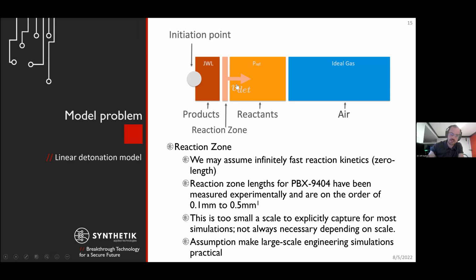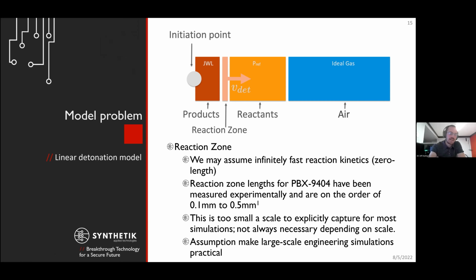So this reaction zone, that wave that travels through, if you're really solving this problem, you do all the chemical kinetics, you'd solve all of those reactions. However, they're very fast, and that reaction zone is incredibly small for most explosives, on the order of 0.1 to 0.05 millimeters, so it's measured experimentally.